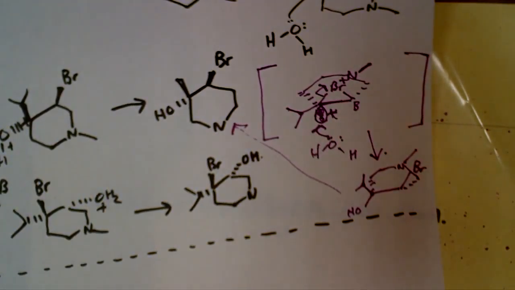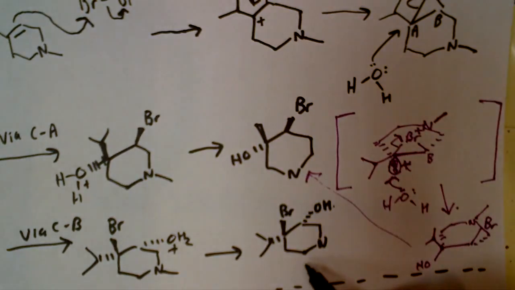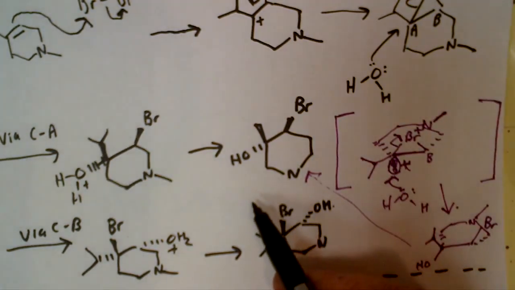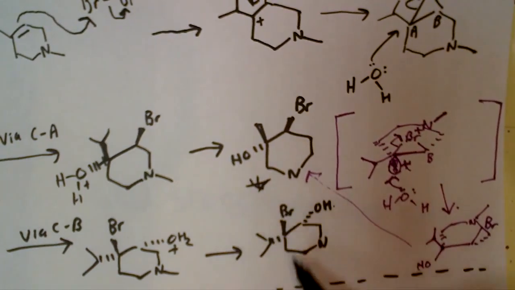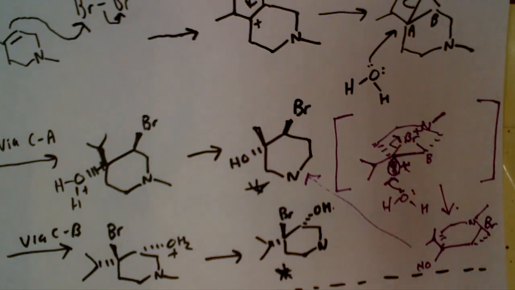So, what are our two products in this reaction? This is one product, and this is the second product as well. So we have these two products indicated as the first set of products for this chemical transformation.